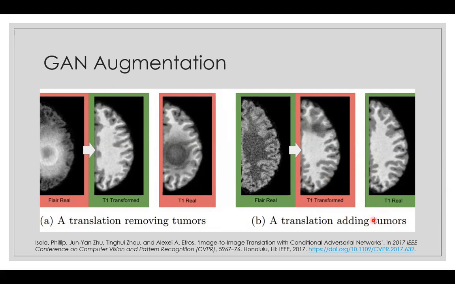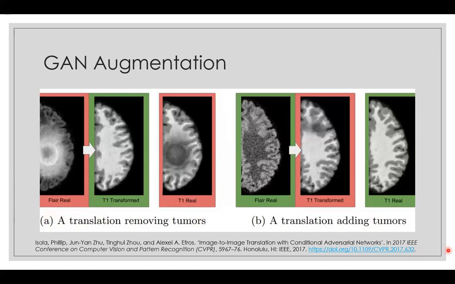So you could add tumors to previously healthy tissue for tumor classification models, and use the difference between your produced images and the source images to add bounding boxes, or even segment the differences as potential additional training data. This also works in this example where they've changed the kind of weighting that was used for an MRI. So if you have additional data that is done in a different kind of weighting or in a different format, you may be able to even use it in a different kind of model by changing the color palette that's being used.